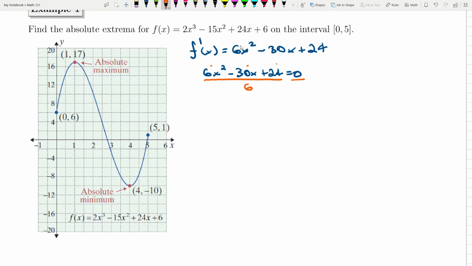If we divide by 6, the right hand side, 0 over 6, gives us 0. And over here, x squared minus 5x. Hold on.